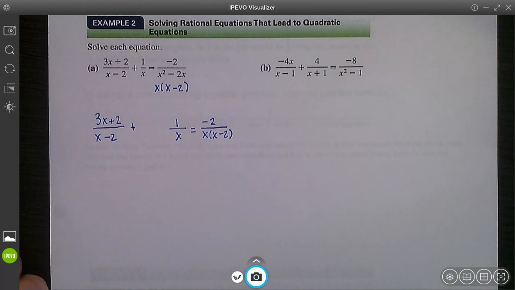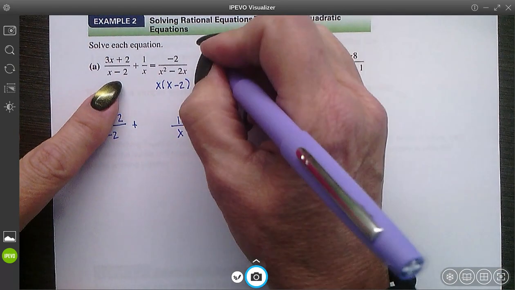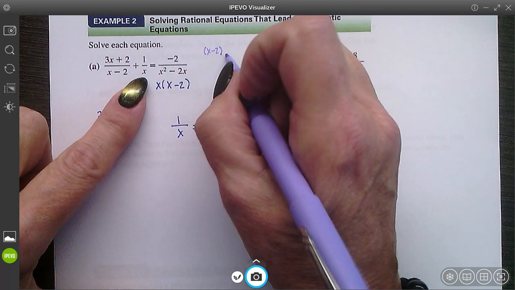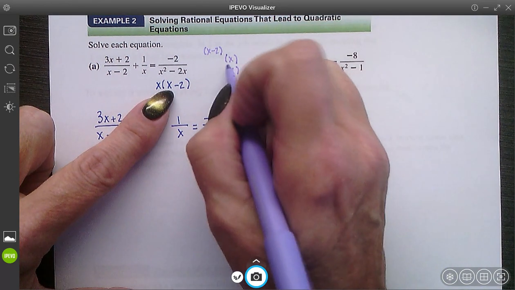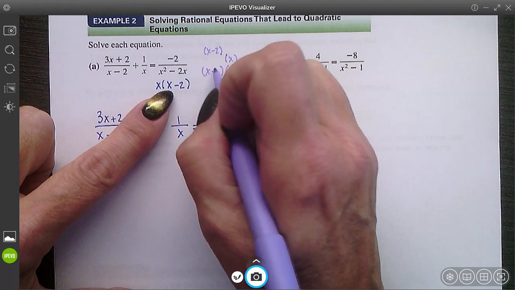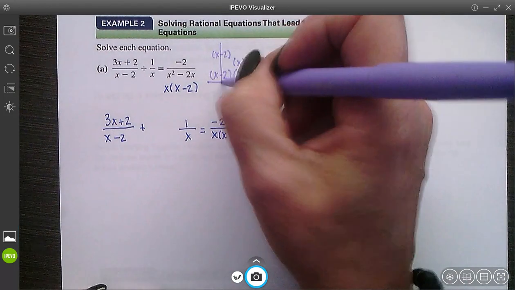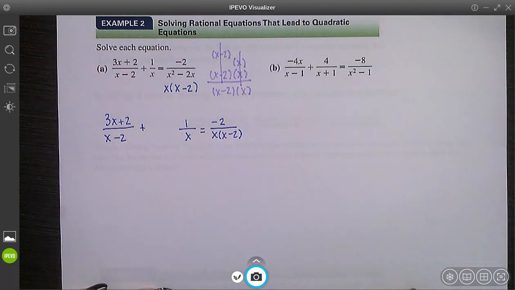Let's go ahead and find that LCD. So if I look at my denominators, I have one denominator that is x minus 2. I have another denominator that is x. And this denominator was x times x minus 2. So the LCD is going to have x minus 2 times x.